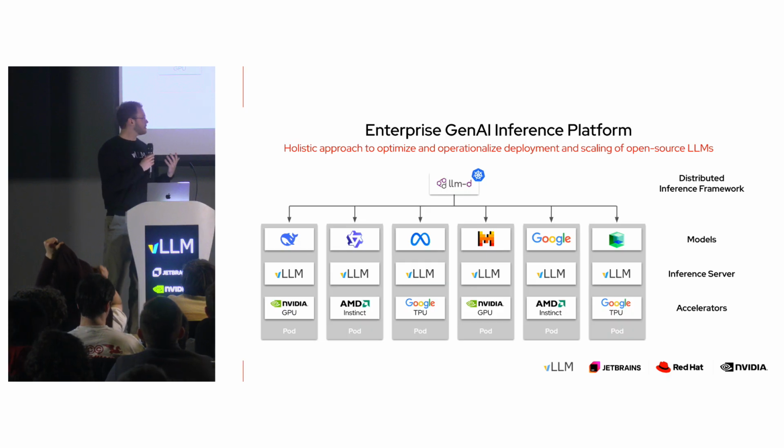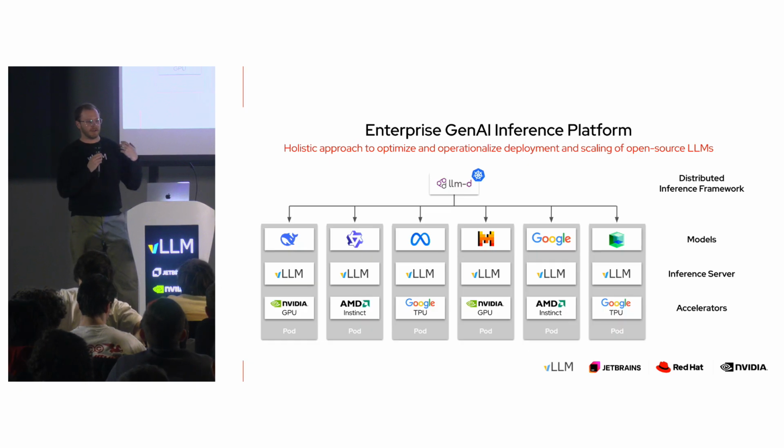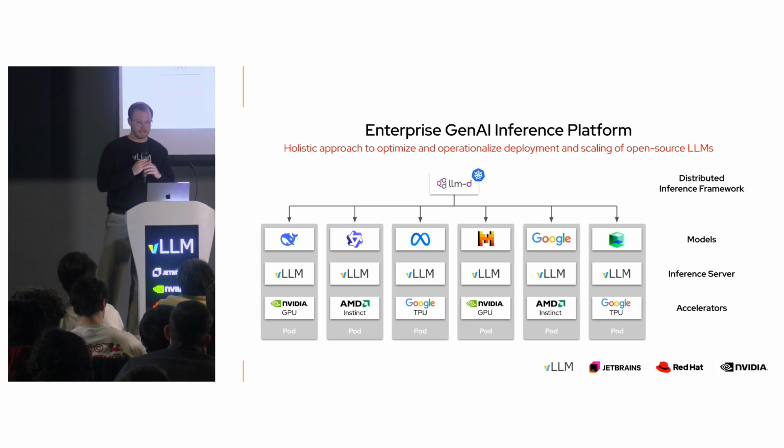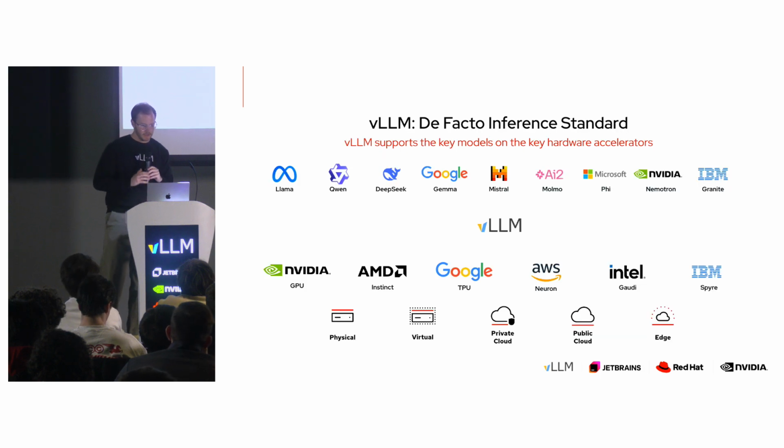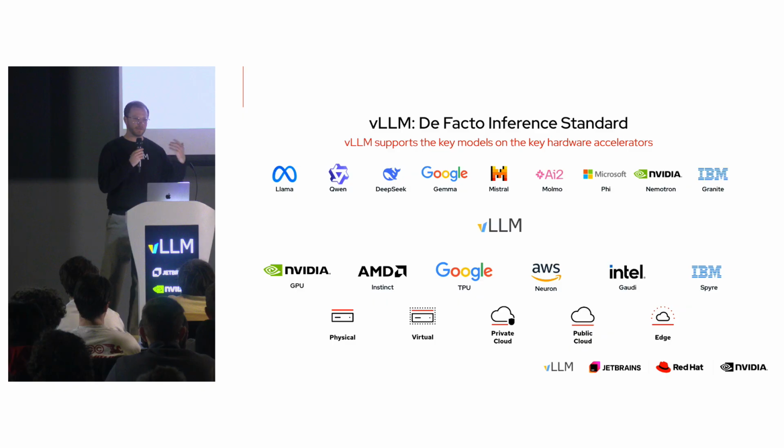It's important to realize that llm-d sits on top of the inference engine, the inference server, and the models, handling the routing and management of all of your LLM serving instances. As we've already covered, vLLM is the de facto inference standard. That's why we chose it, and that's the focus of llm-d and why it's built hand in hand with vLLM.